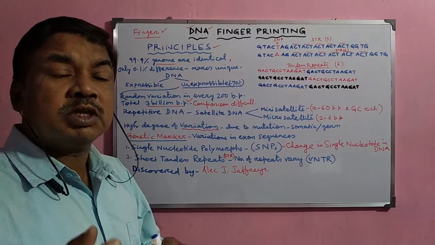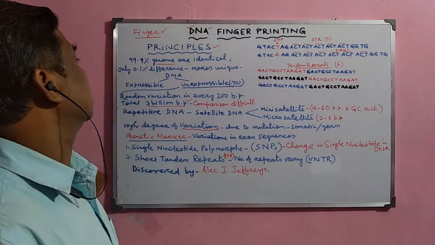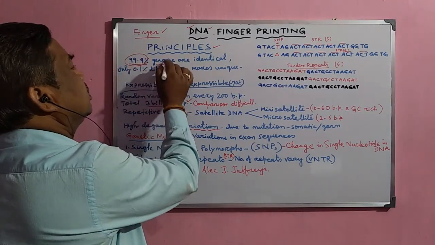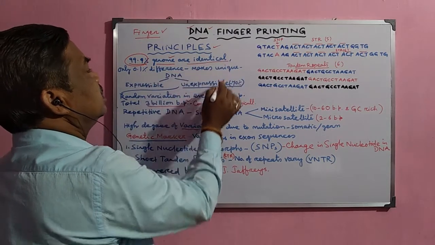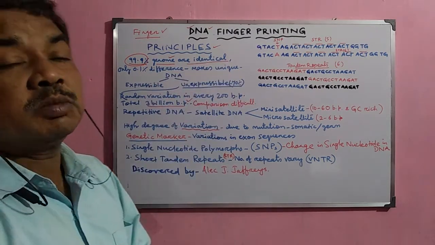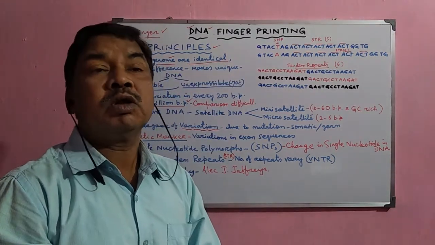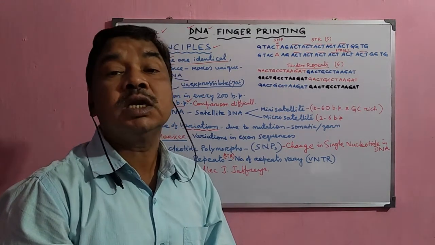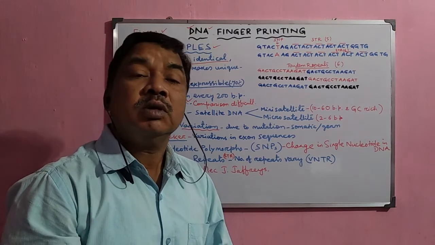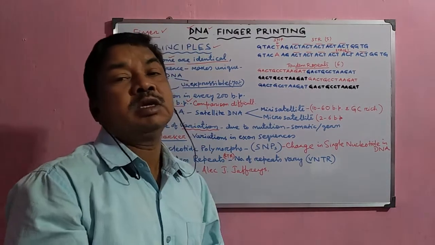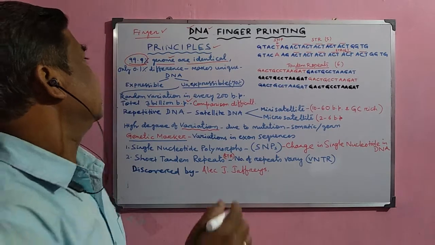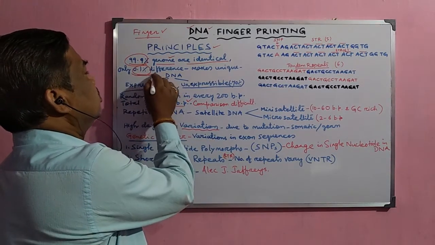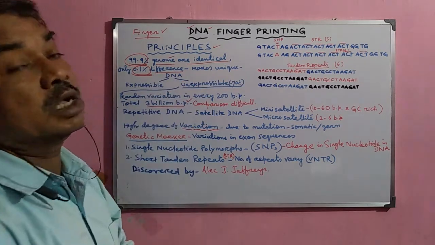And out of these 3 billion base pairs, normally 99.9% of the genome is identical in all respects. That means all the individuals, although they are morphologically dissimilar from one another and physiologically dissimilar from one another, whatever differences there are in the individual are only due to 0.1% difference in their genome.